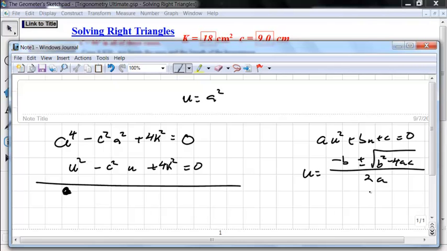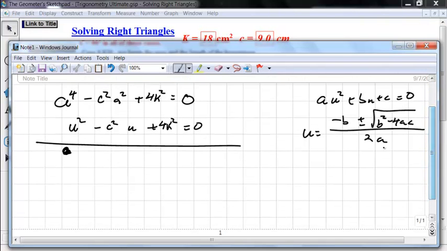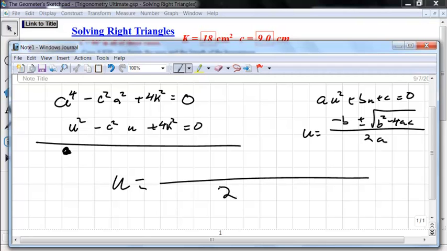Okay, so let's do that with our particular values here. So we get u is, okay, a is 1, so we get a 1 here and a 1 here.